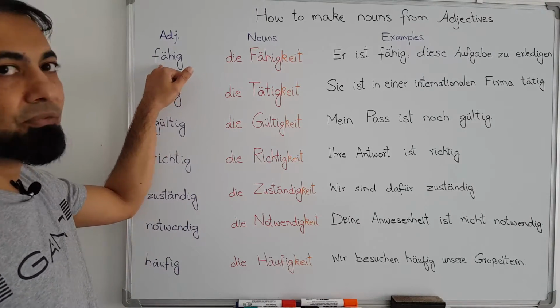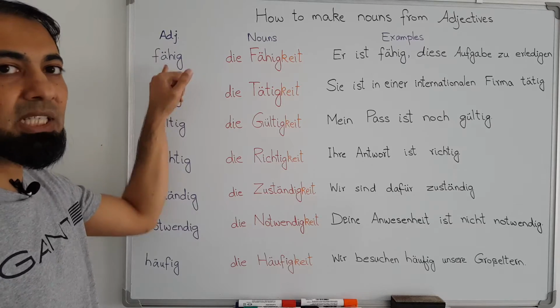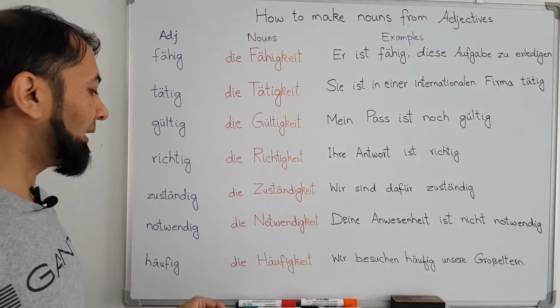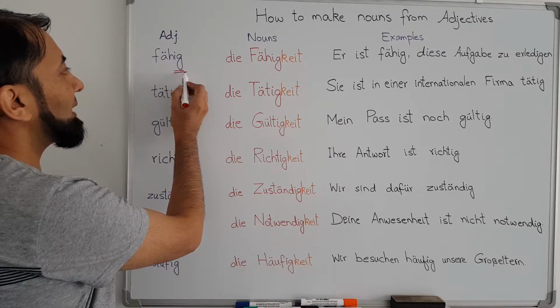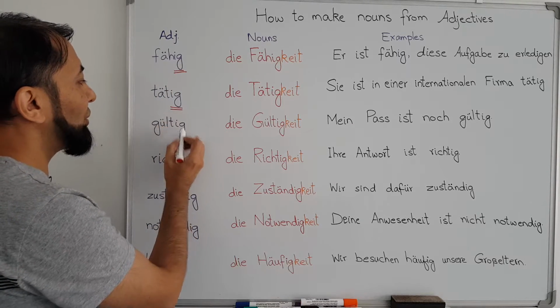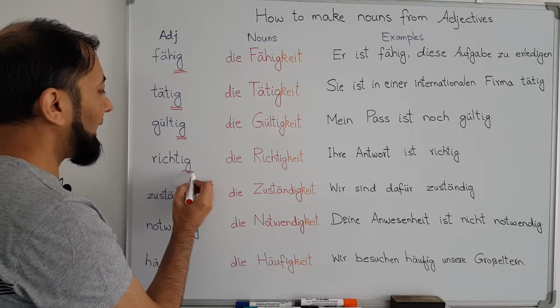The first adjective is fähig. Fähig means able or capable, and you will see that all the adjectives I have listed end with ig in German.